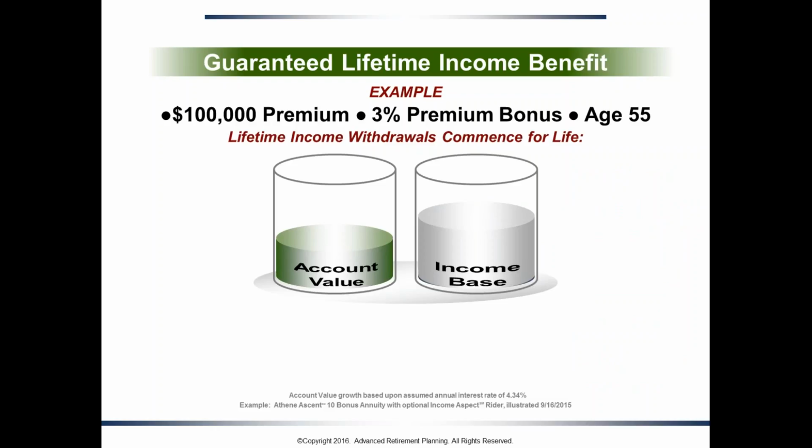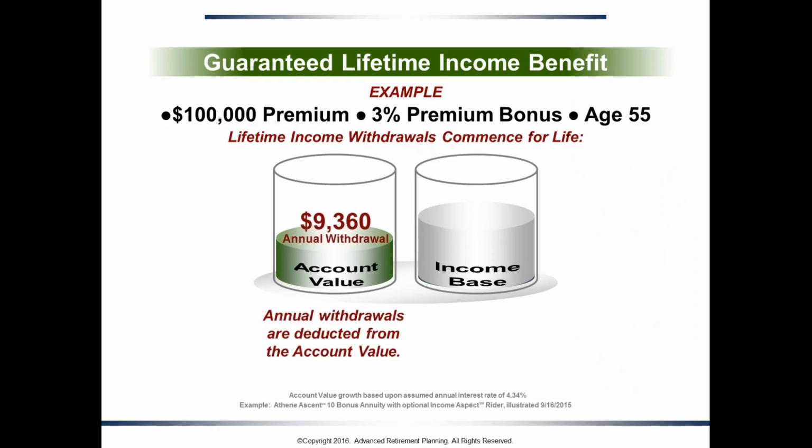Now the lifetime income withdrawals are going to commence. Well, that income base, you notice I turned it gray. It's pretty much served its function there. There is a little more function to it, but we'll get to that in a moment. But now these annual income withdrawals are going to be deducted each year from that account value, and that account value would continue to grow net of those withdrawals.